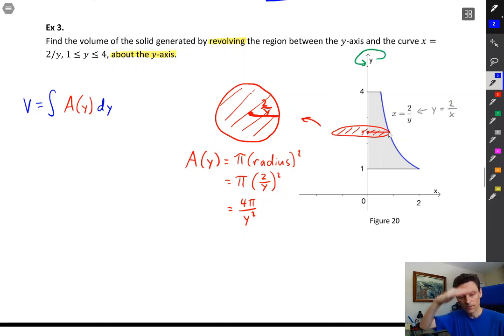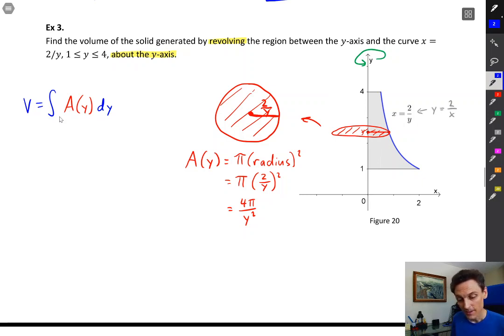It'll be different depending on which y value you're at. And the width of each of those cylinders would be a delta y, right? It'd be like a little distance in the y direction. The subintervals here are little lengths in the y direction. So everything's just in terms of y. It's all along the y direction here. So those delta y's turn into dy, and the approximating volumes, I should say, turn into the true volumes.